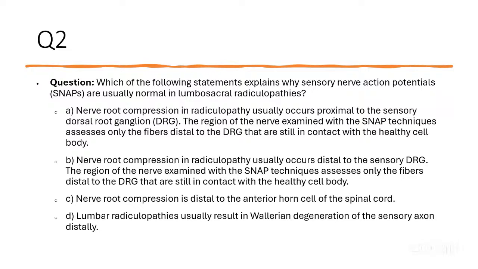The region of the nerve examined with the SNAP techniques assesses only the fibers distal to the DRG that are still in contact with the healthy cell body. Nerve root compression is distal to the anterior horn cell of the spinal cord. Lumbar radiculopathies usually result in Wallerian degeneration of the sensory axon distally. What do you think is the correct answer?